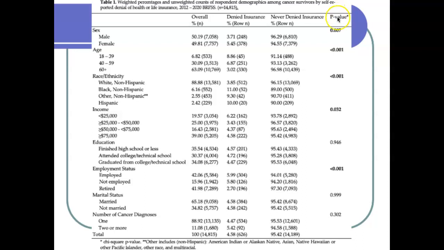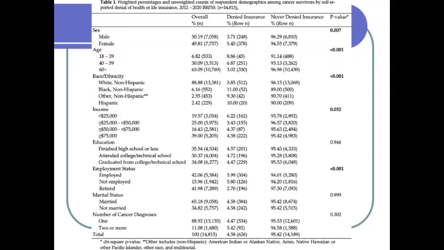And what you can see here is the p-value. So basically, we're looking to see, are there statistically significant differences between these characteristics and our outcome variable? More specifically, is there an association between these characteristic variables and our outcome variable?